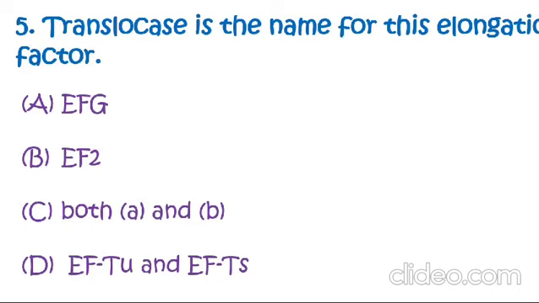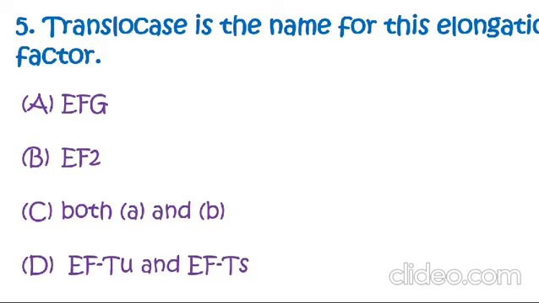Moving toward question number 5: translocase is the name for which elongation factor? Option A, EF-G; B, EF-2; C, both A and B; D, EF-Tu and EF-Ts.